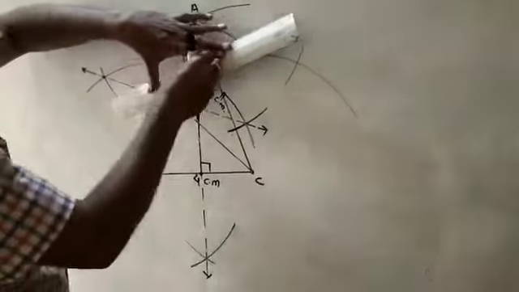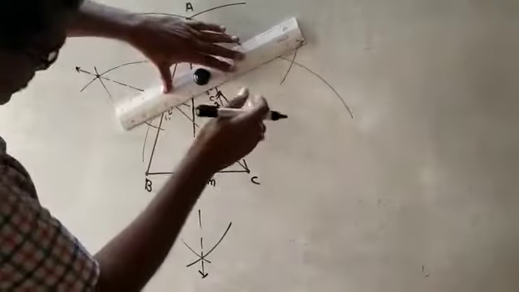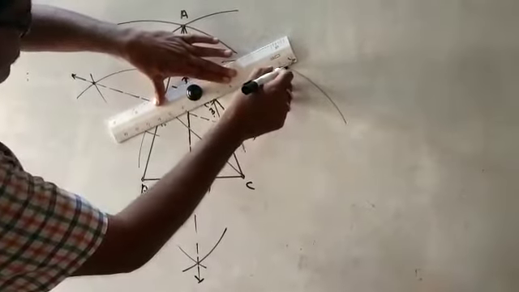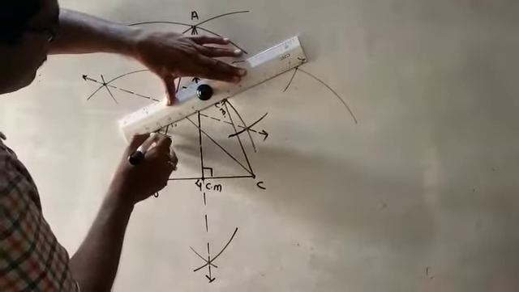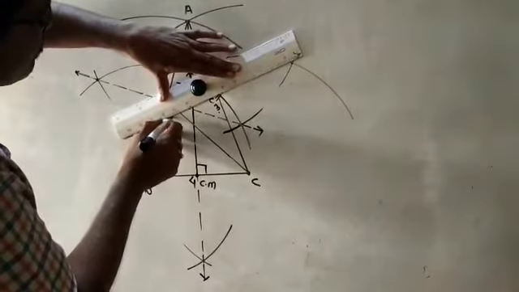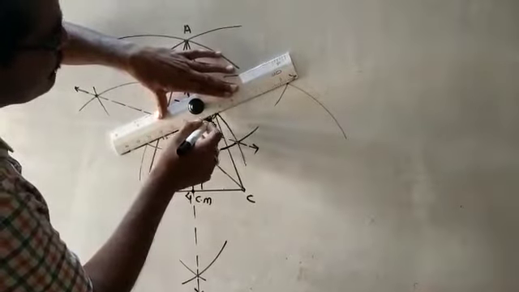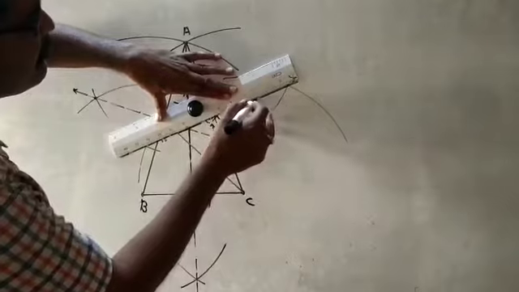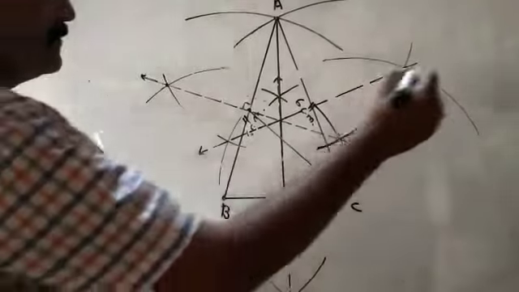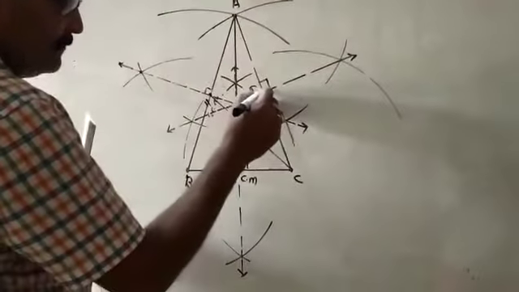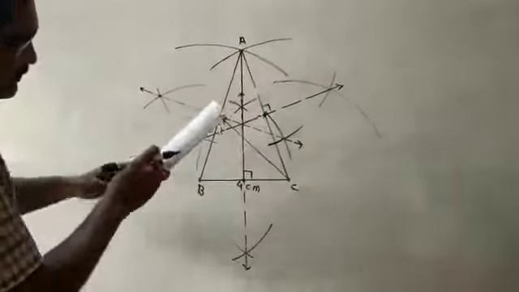You have to join these points properly, like this. Here a right angle will form. Here you have to join this point and the vertex B. So it will join like this.